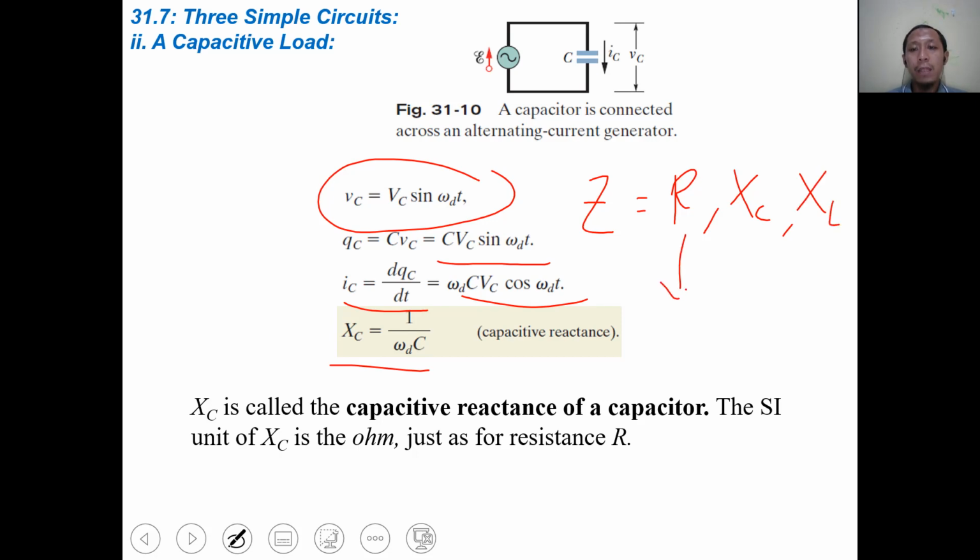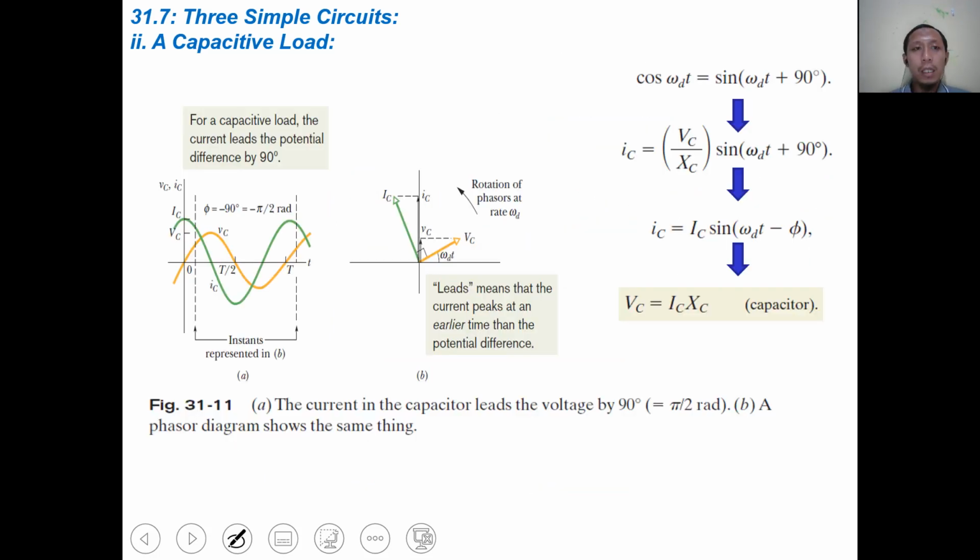R is the resistance coming from the resistor, X_C is the capacitive reactance coming from the capacitor, and X_L is the inductive reactance coming from the inductor. The unit of X_C is the ohm, like the resistor, because this is impedance. So impedance also has the unit ohm.